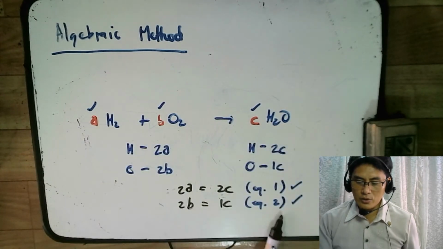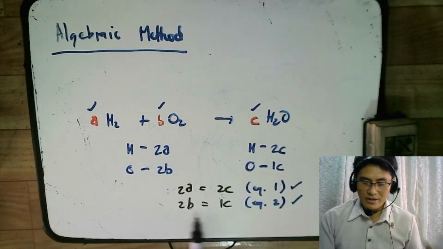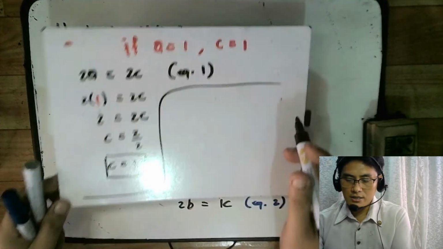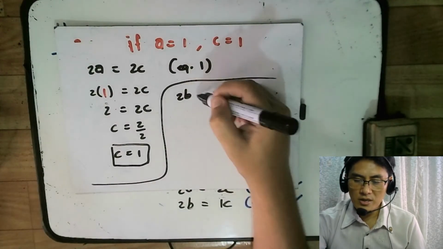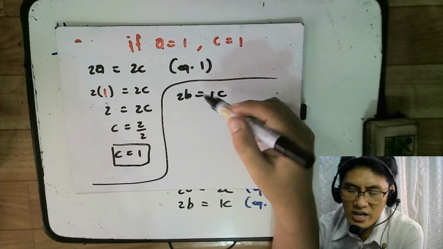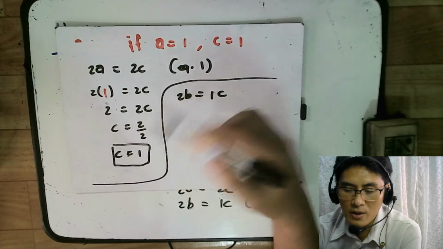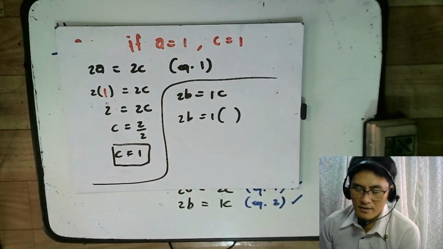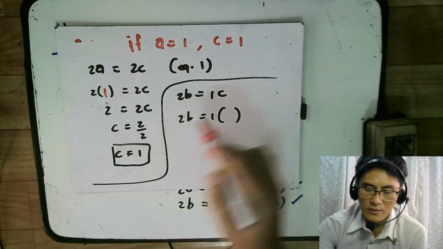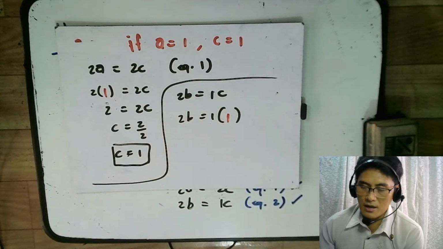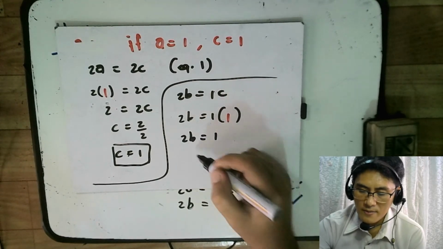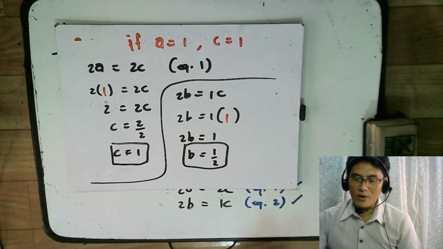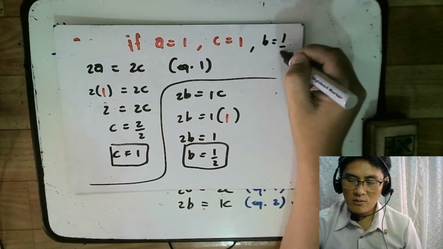So if we look at equation 2, we know what C is, so we can solve for B. So now we can do the second equation, which is, let me remind you, 2B equals 1C. And again, we have solved from the previous step that C equals 1. So I can just say B equals 1 times something. But that something is the C, which is equal to 1. So what happens is, this becomes 2B equals 1 and B equals 1/2.